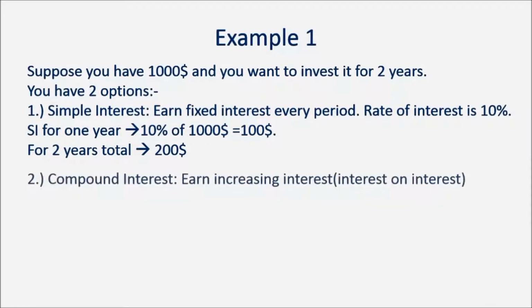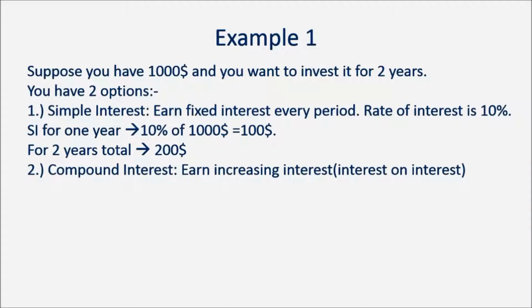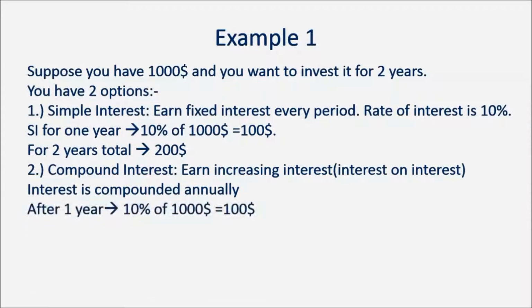Option 2 is to invest it on compound interest and you earn progressively increasing interest as you are earning interest on interest now. Let's say that the interest is compounded annually. So after 1 year, you will earn $100 on your investment and at the end of 1 year, your new principal is $1,100.